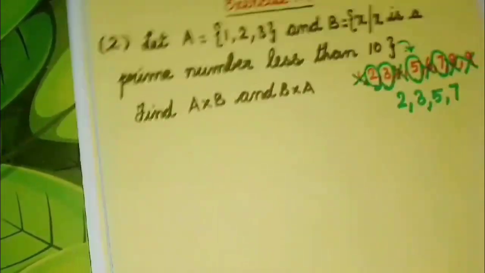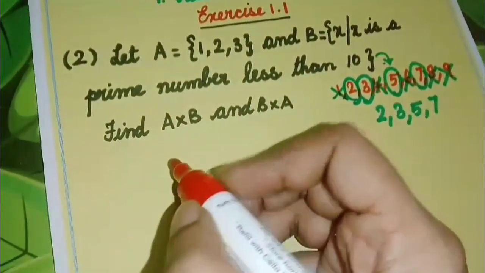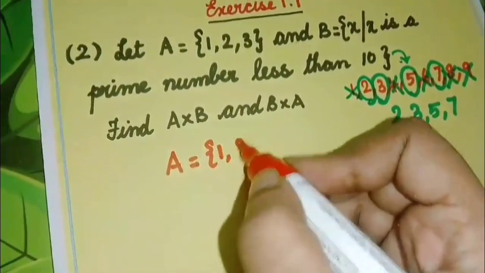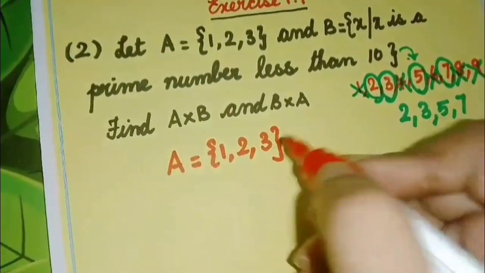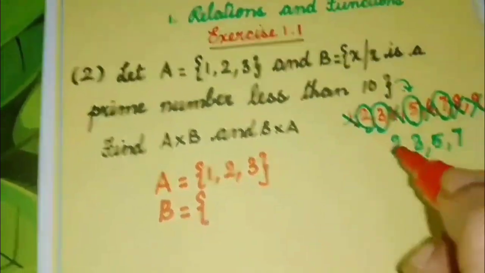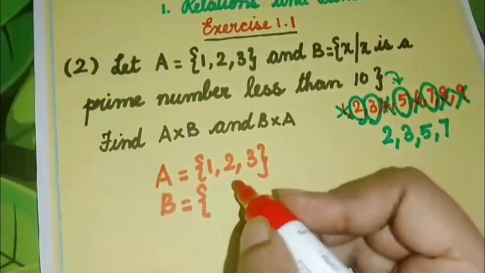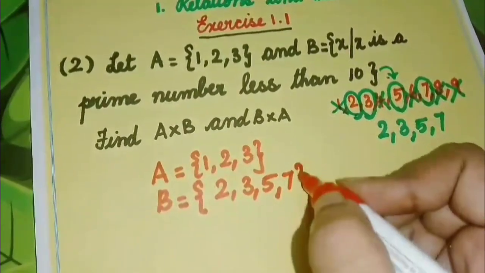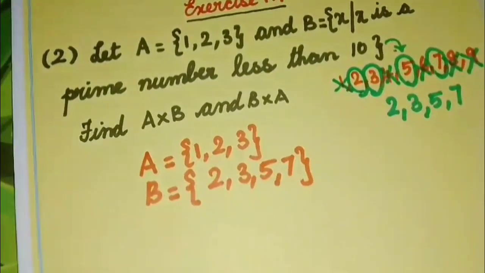So we'll just start doing our problem. A is nothing but 1, 2 and 3. B is the set which contains the elements we have found, 2, 3, 5 and 7. Now we are going to find what?